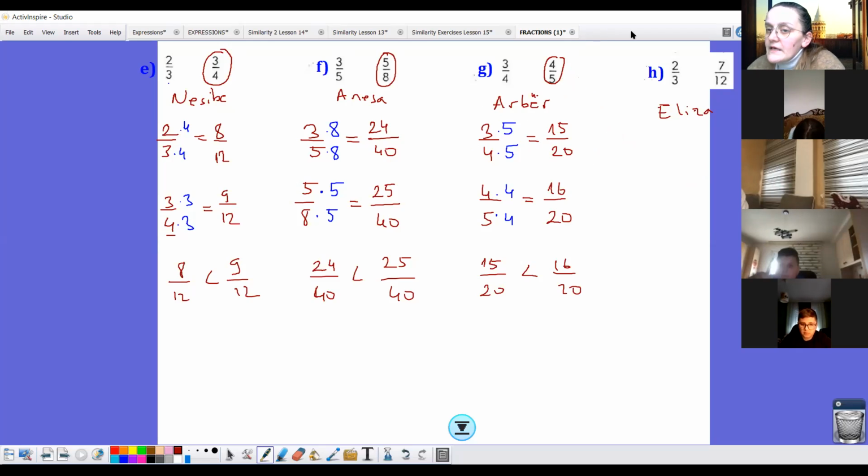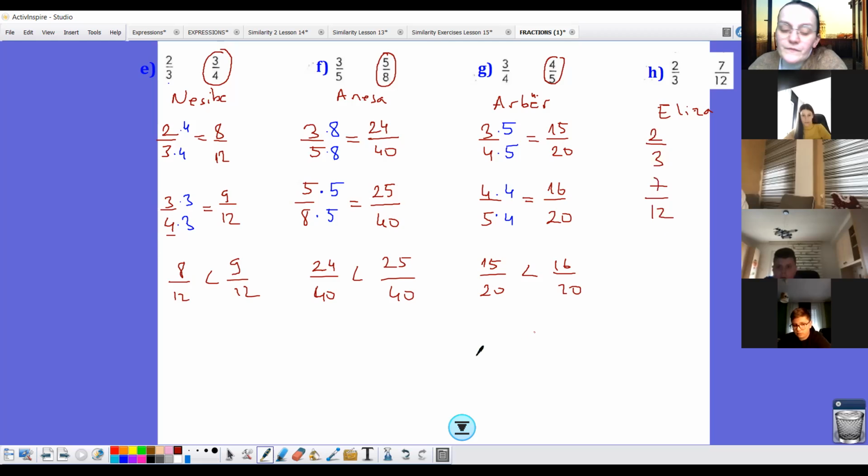Okay? Yes, Eliza, now. Here we have 2 out of 3 and 7 out of 12. I'm writing 2 out of 3 and 7 out of 12. Then, how do we make the denominators the same? Why are you multiplying 2 by 6, Eliza?